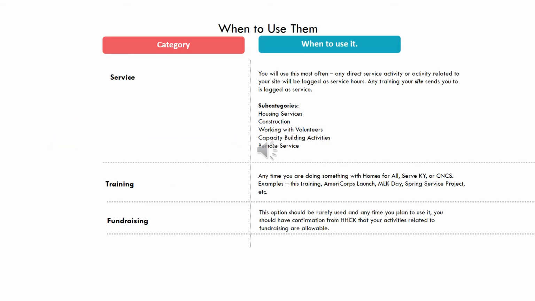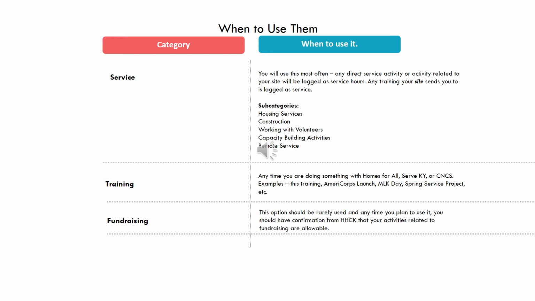So like I mentioned on the previous slide on how to log your time in and your time out, there are different categories on your timesheet. So we'll go over the category and when to use it. So like I mentioned, the service category will be the one that you are going to use the most often.